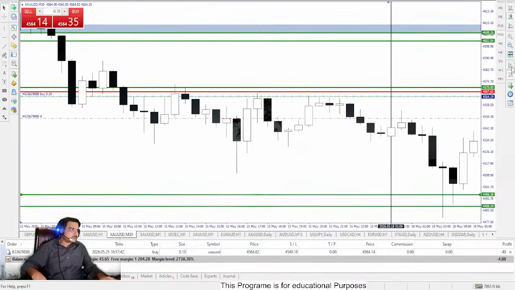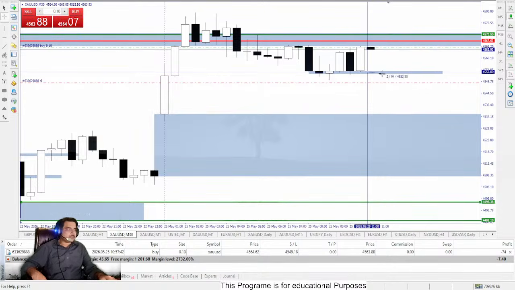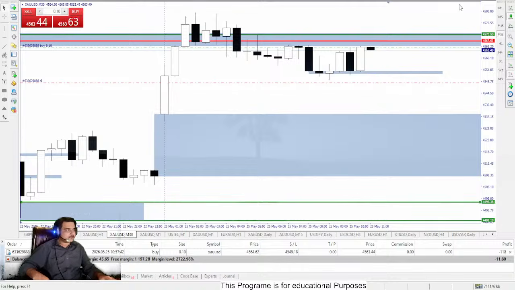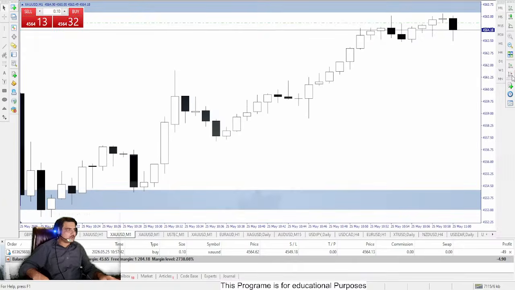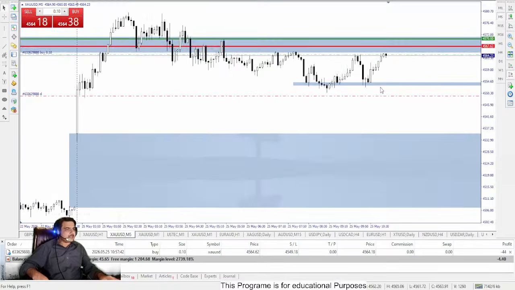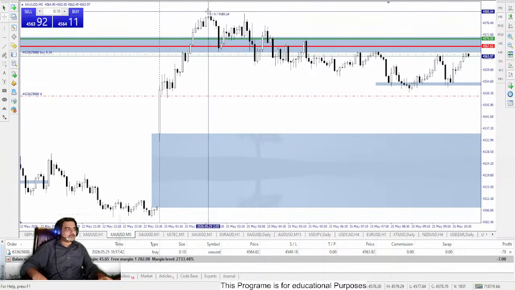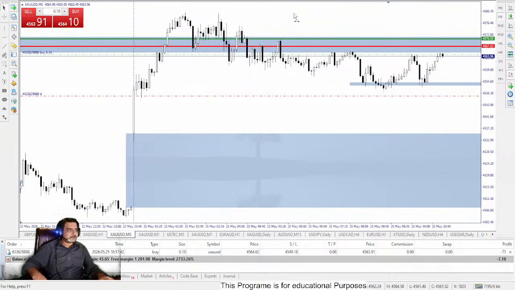M30 closed, okay, but H1 couldn't continue nicely. So again it seems like another drop of 98 pips. Anyone who wants to buy it with just a 60 pips SL is still good. And anyone who wants to just ignore this particular setup is still good. Because today is Monday. Early this morning, this Asian high is also not taken by the market, 45.80.